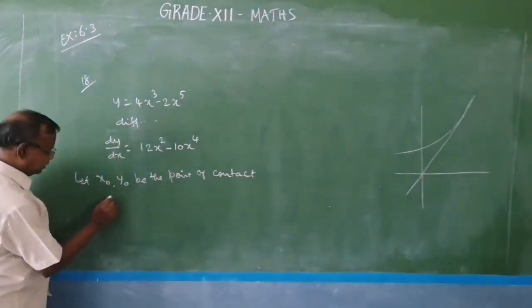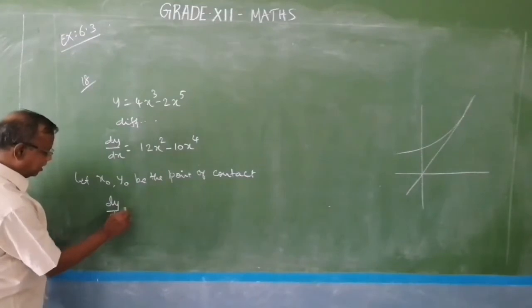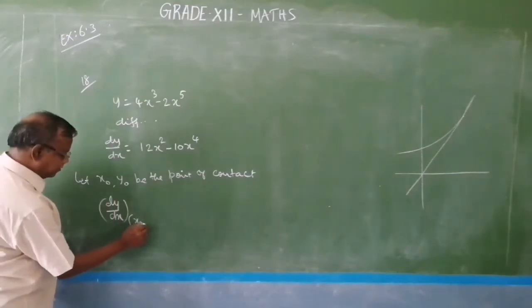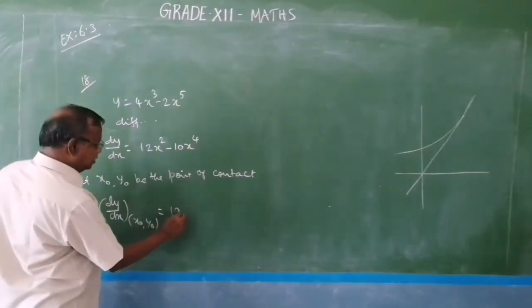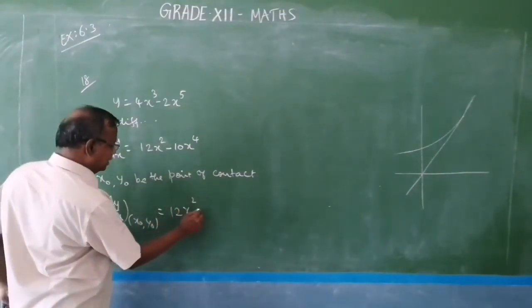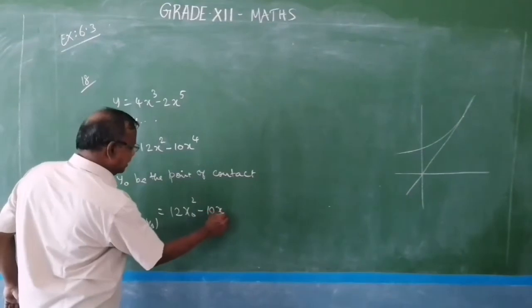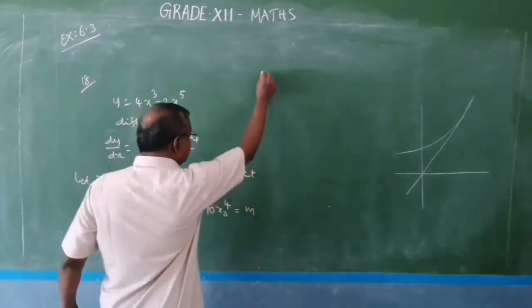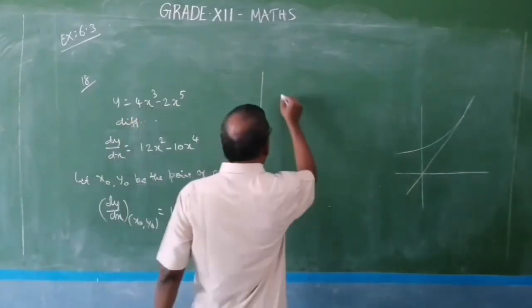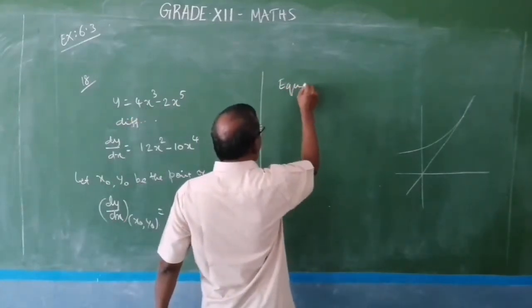Therefore dy by dx at x naught comma y naught will be equal to 12 x naught square minus 10 x naught power 4. This is equal to m. Now the equation of tangent.